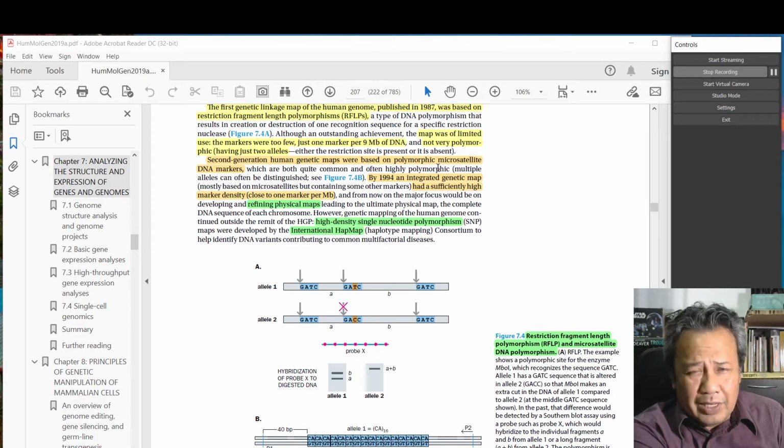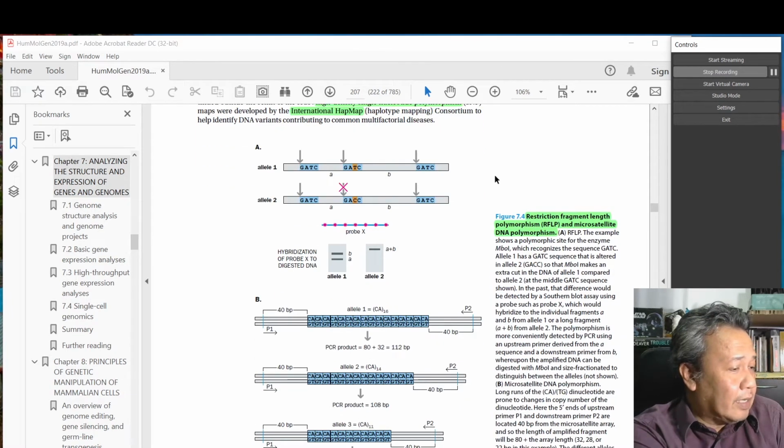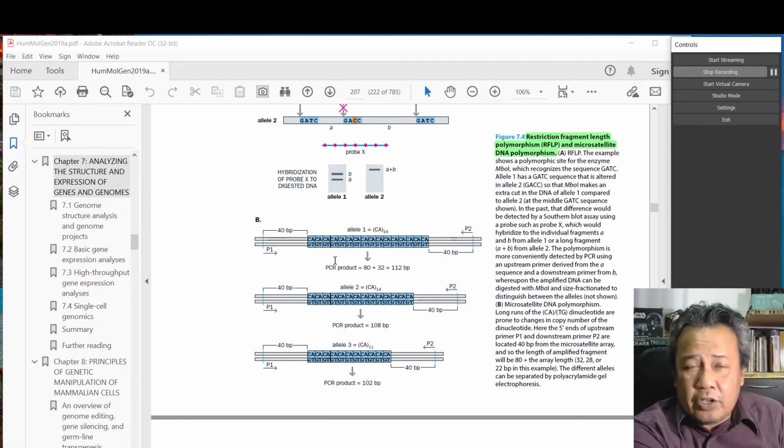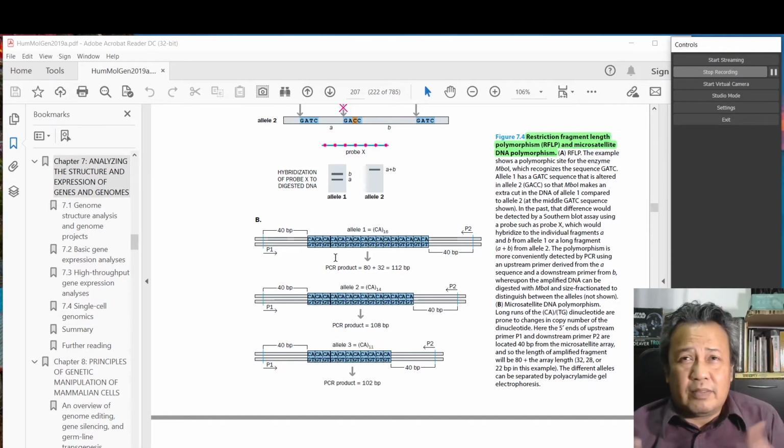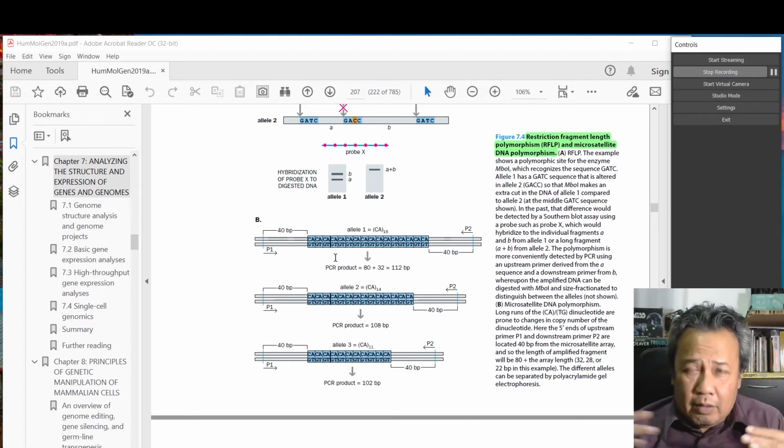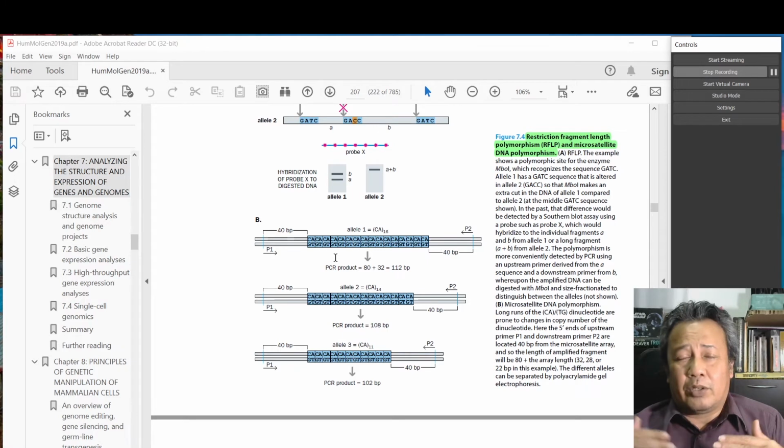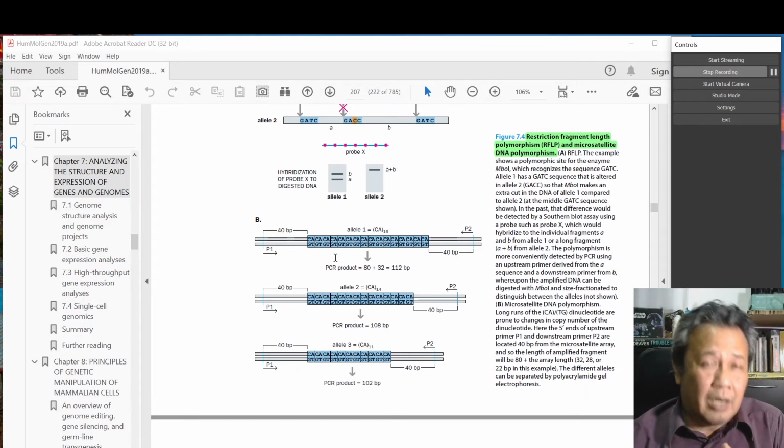If you're not familiar with what microsatellites are, it's actually a repetitive sequence, and they are very variable. Why do they vary? Because when replication occurs on the regions that have these microsatellites, mistakes do occur.